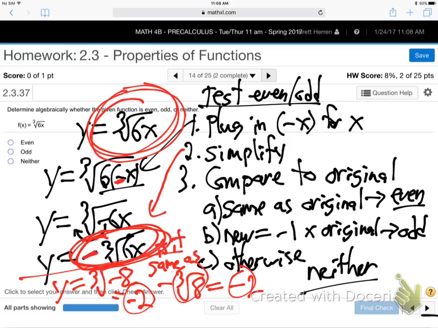Well, it's got a negative in the front, which means it's negative 1 times the original. It's odd. This is an odd function. Make sense? We good? Questions I can answer? All right, let's move along.